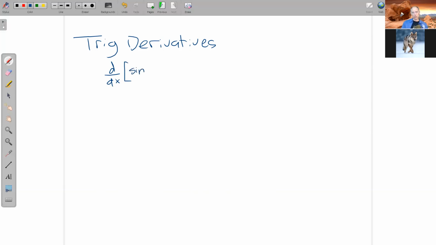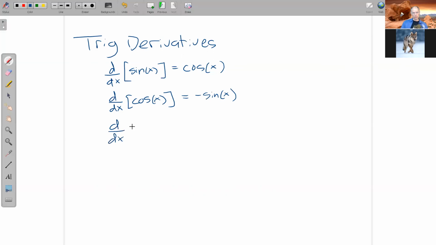So we have the derivative of the sine of x is the cosine of x. We have the derivative of the cosine of x is equal to the opposite of the sine of x. We have the derivative of the tangent is the secant squared of x.